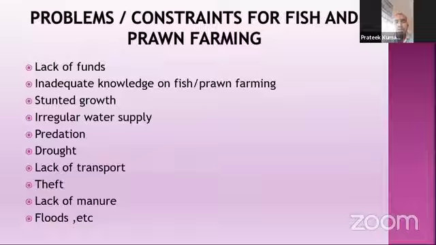So we have to maintain and be aware about the lack of funds and culture about fish farming, plant farming, regular water supply, and predatory species which are harmful for fish and plant farming.